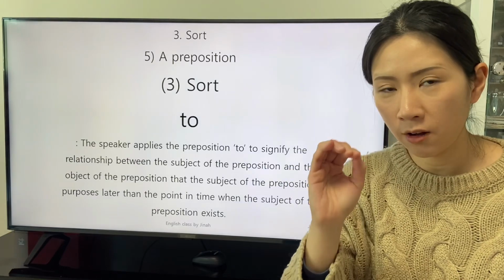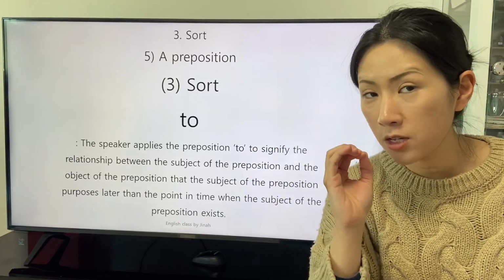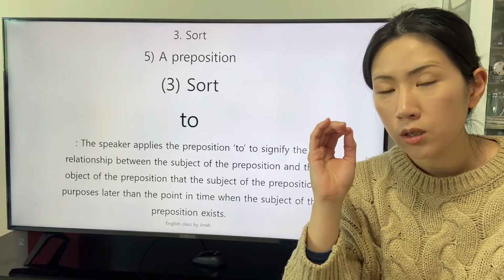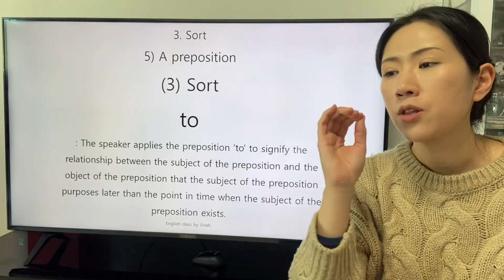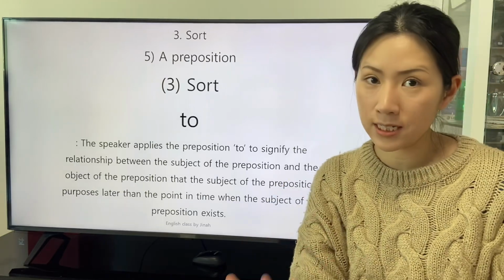The object of the preposition to as the purpose of the subject is assumed to actualize later than the point in time when the subject of the preposition to exists.